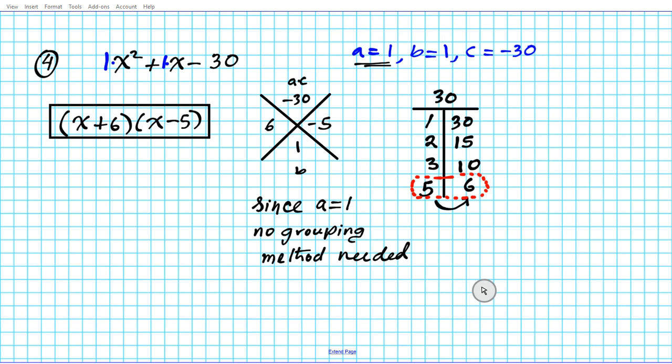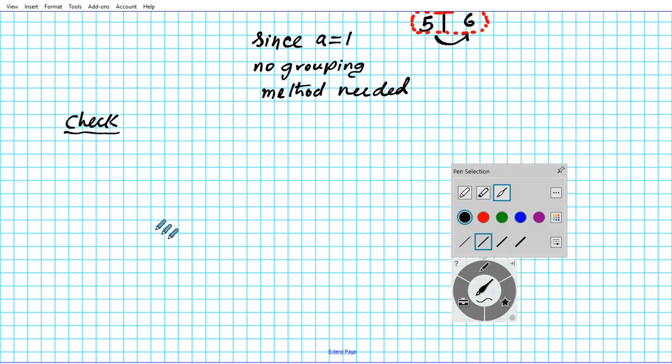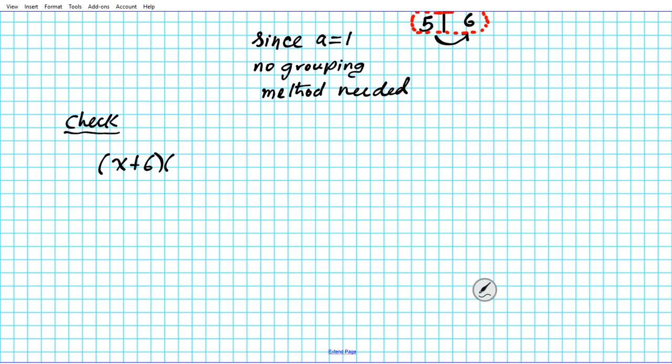Is our answer correct? Let's go ahead and do a check to make sure that our result is in fact accurate. To check our work, we're just going to expand. We're going to multiply x plus 6 times x minus 5.